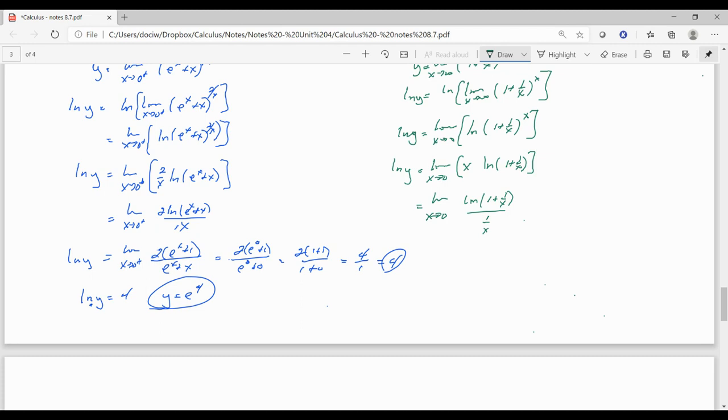So one more step before I invoke L'Hopital's. We've got the limit as x approaches 0 of the natural log of 1 plus x to the negative 1 over x to the negative 1. So now if I take the derivative, using L'Hopital's rule, the derivative of the natural log of u is 1 over u du.